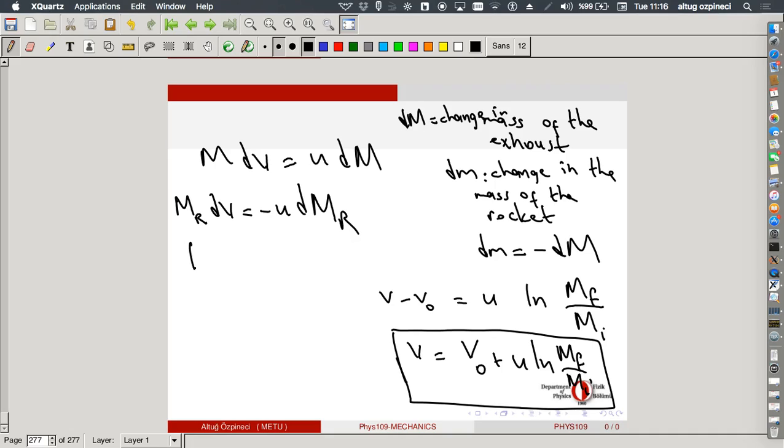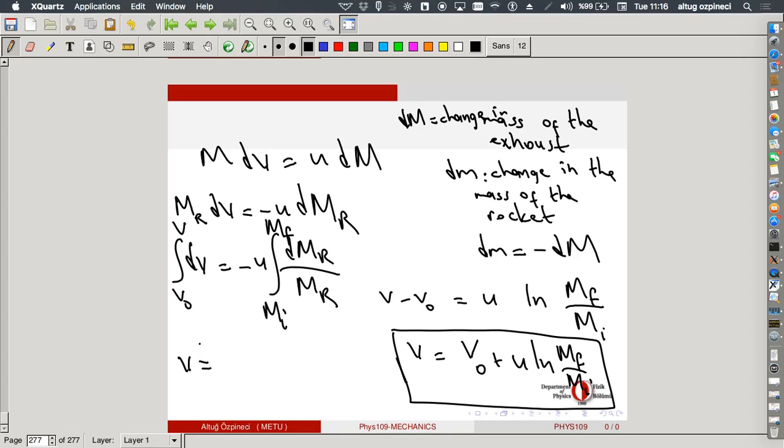So the rest is the same. dv is equal to minus u, dm_r divided by m_r. Velocity goes from v0 up to the final velocity as the mass changes from the initial mass to the final mass.